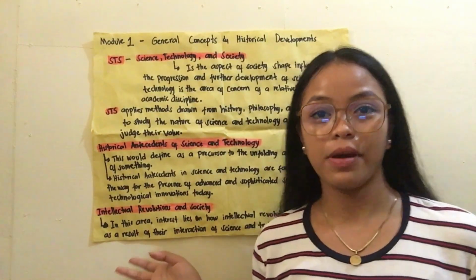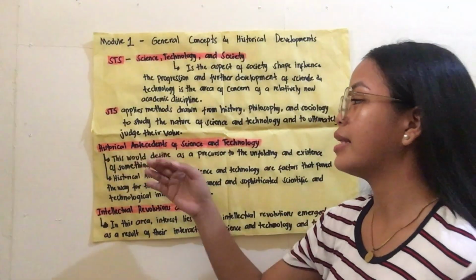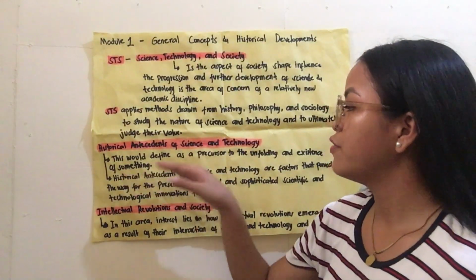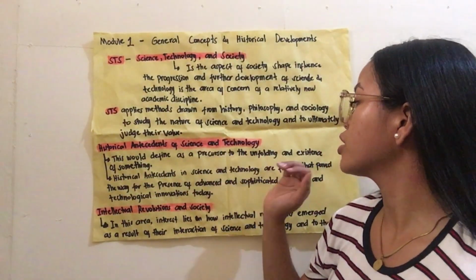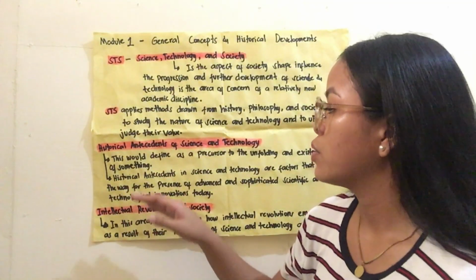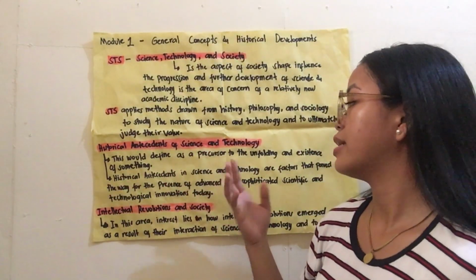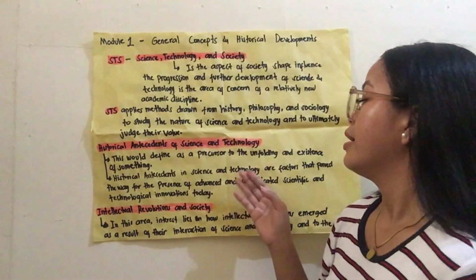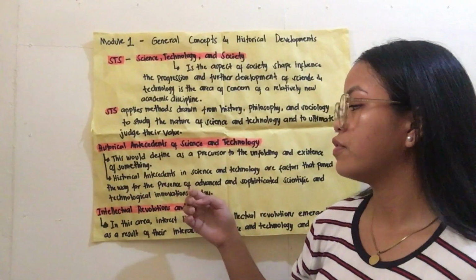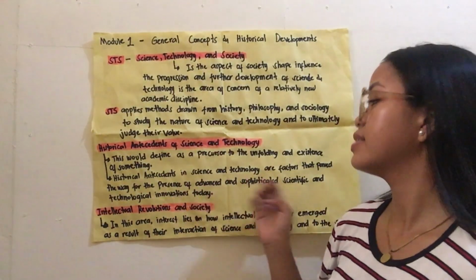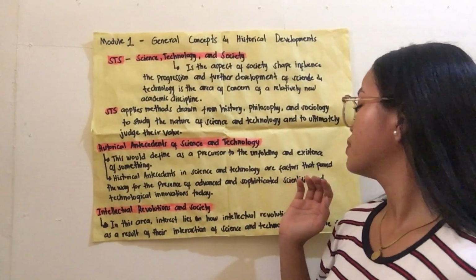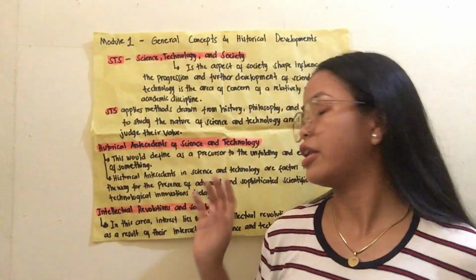The next topic is about the historical antecedents of science and technology. This is defined as a precursor to the unfolding and existence of something. So the historical antecedents in science and technology are focused on the factors that paved the way for the presence of advanced and sophisticated scientific and technological innovations today.